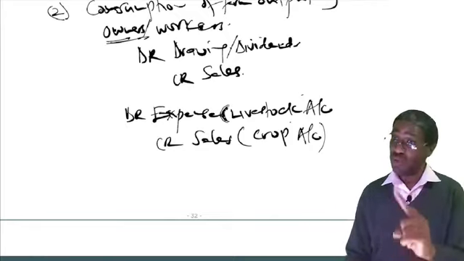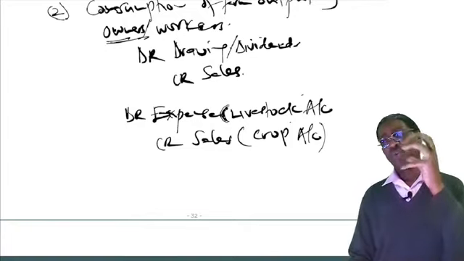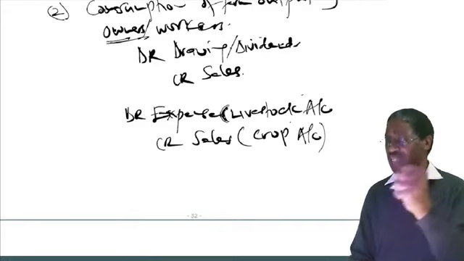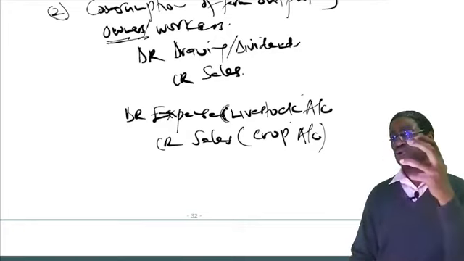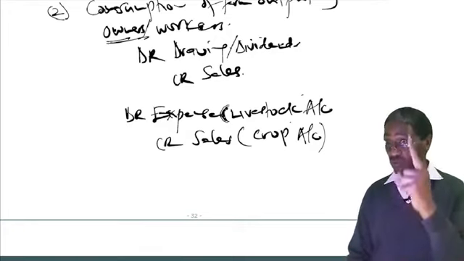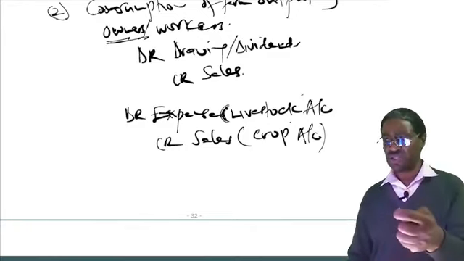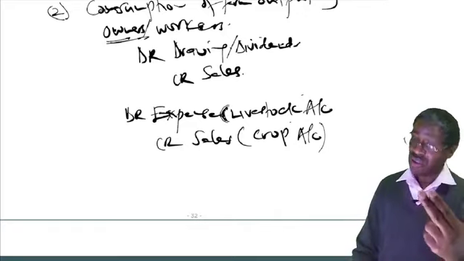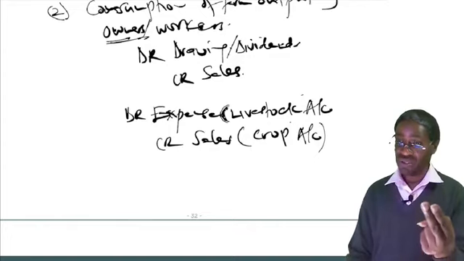How do you account for them? Wherever there's output, if that item is an output of the crop, then it becomes a revenue of the crop. If it's an input of the livestock, like maize stalk, that becomes an expense of the livestock.